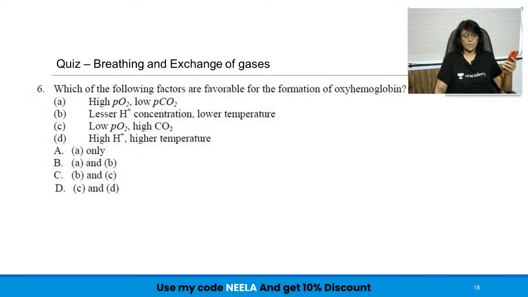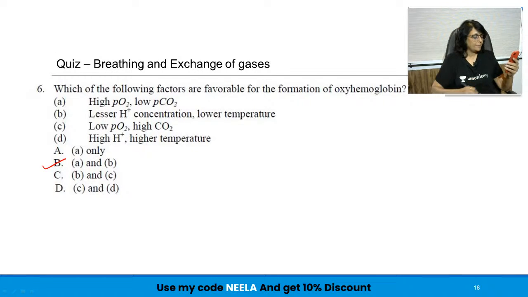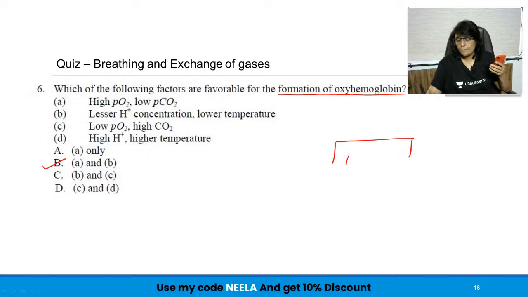Darshini says B. Okay, the correct answer is B. Hiren also says A. See, we are talking about formation of oxyhemoglobin. Where is oxyhemoglobin formed? See, for everything you have to refer to this diagram. Oxygen diffuses here, oxyhemoglobin is formed.